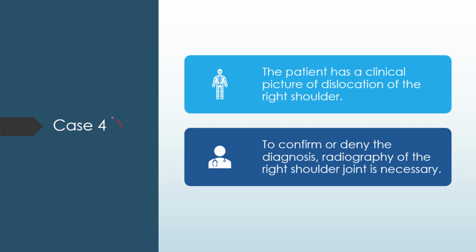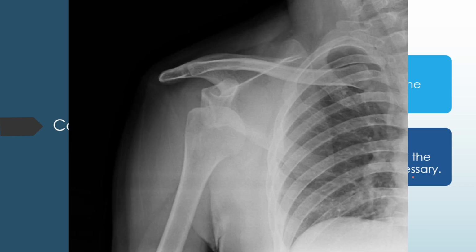Case number 4. The patient has a clinical picture of dislocation of the right shoulder. To confirm or deny the diagnosis, radiography of the right shoulder joint is necessary. Yes, you see that our patient's shoulder goes away from the joint.